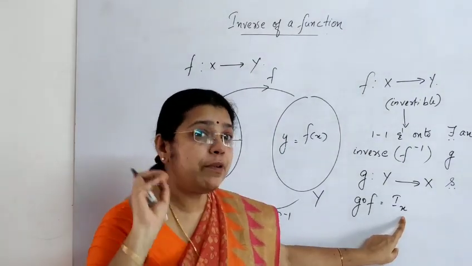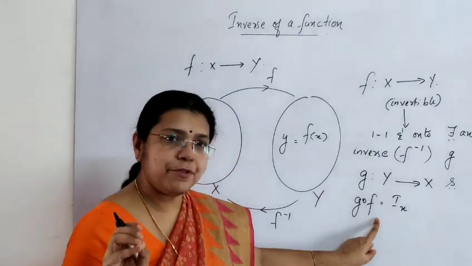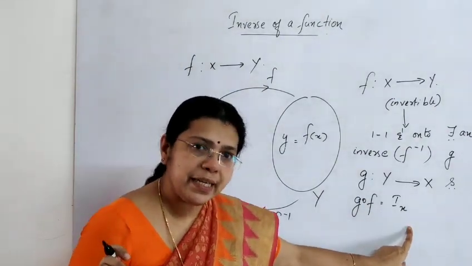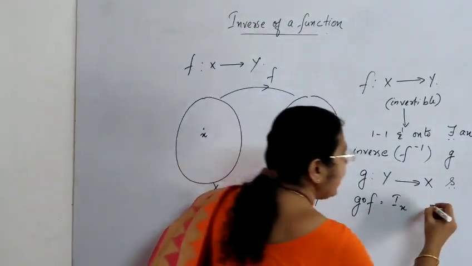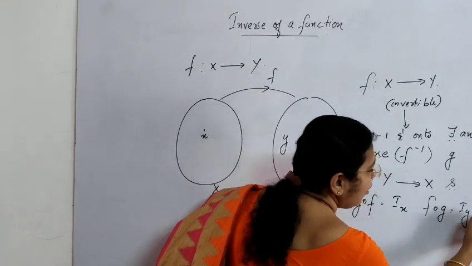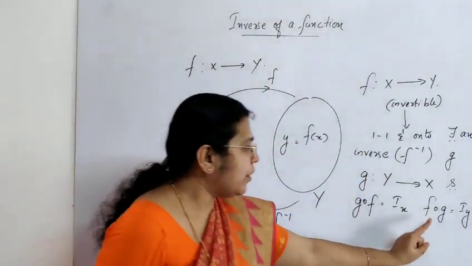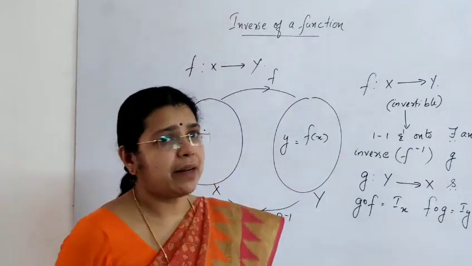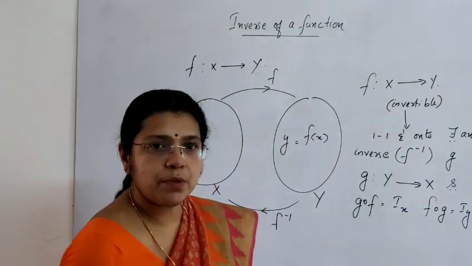When we do the problems, you will understand it more. Right now, in the definition, I am putting it as gof is the identity function of x and fog will be the identity function of y. That is, when you apply fog, you will get y. Okay, we will see that in our problem session.